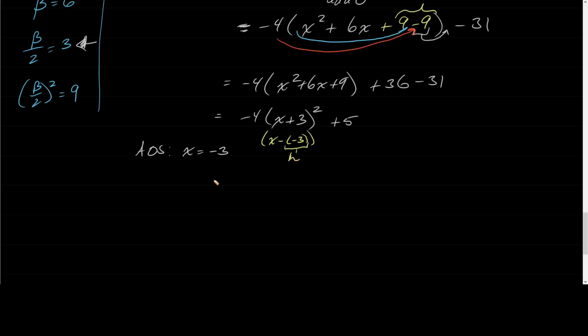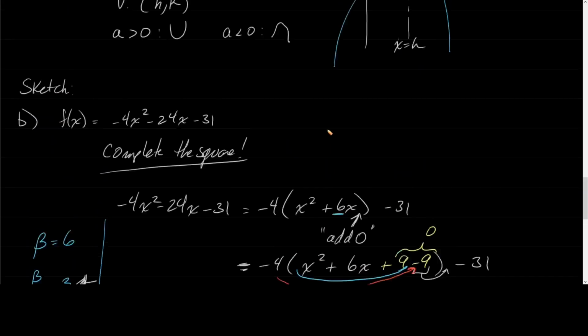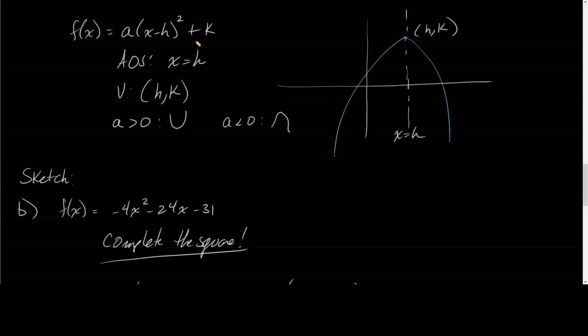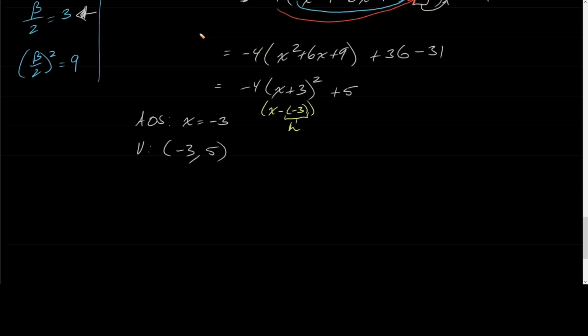That's why my axis of symmetry is x equals negative 3. My vertex is the point with the h value, which was negative 3, and then k, which in this case is a positive 5. It is a positive 5 because in the format, it was plus k, and we already have plus, so I just take the k value, which is 5.